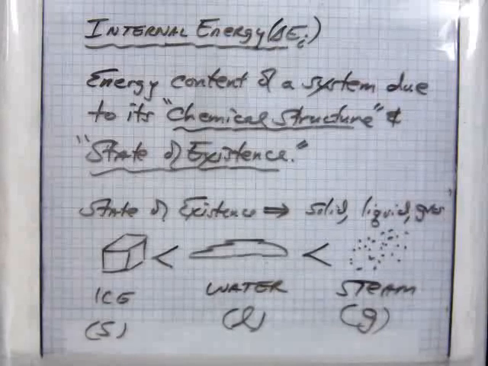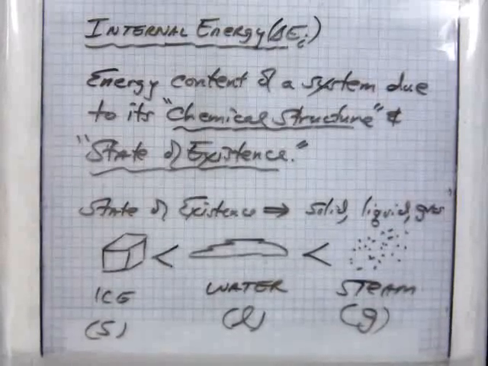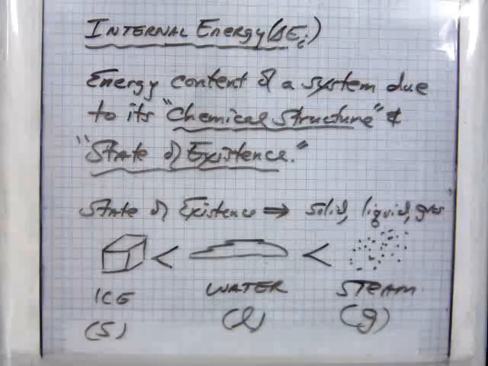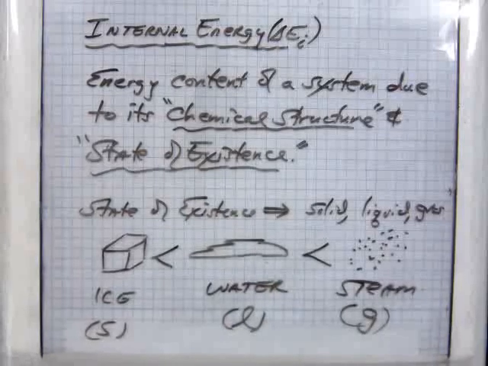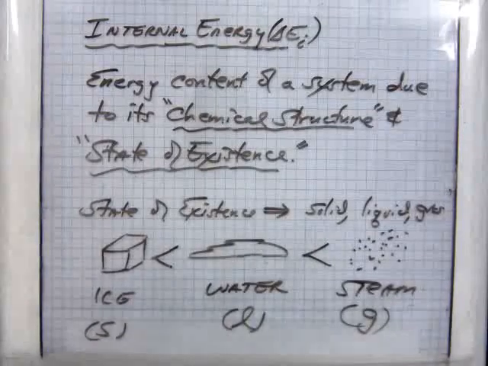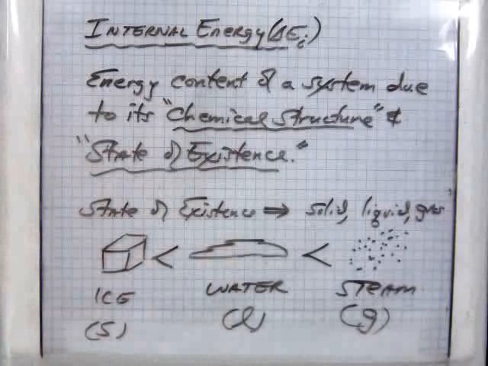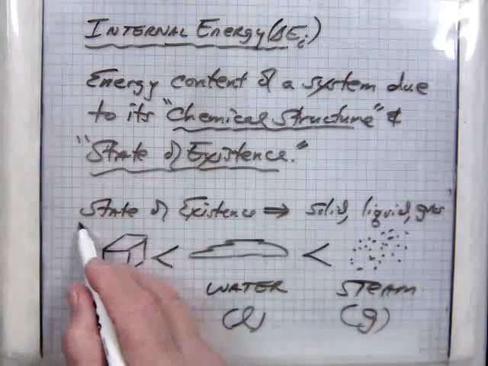It has no visible characteristic colors or anything, but we know in a general sense that if I'm going to have ice, it's going to have the energy taken out, and the ice is going to be at a low energy, and then water is going to be between the solid and the steam, the ice and the steam. So this is kind of an intuitive deduction relative to the energy contents. Okay, state of existence.